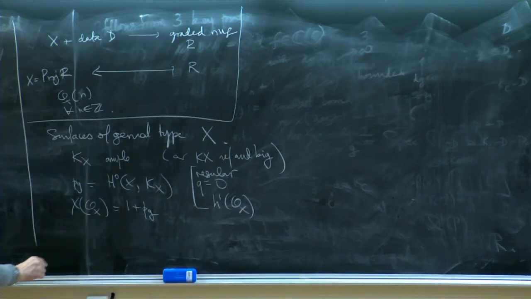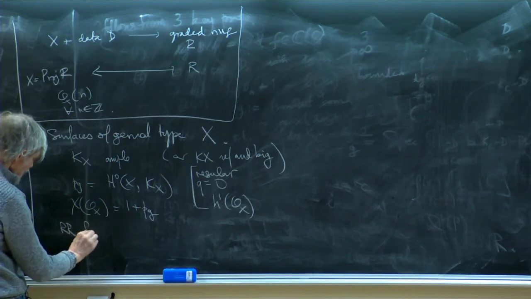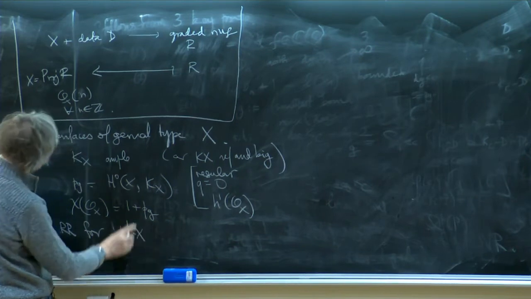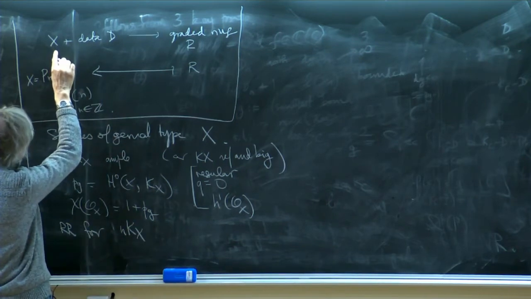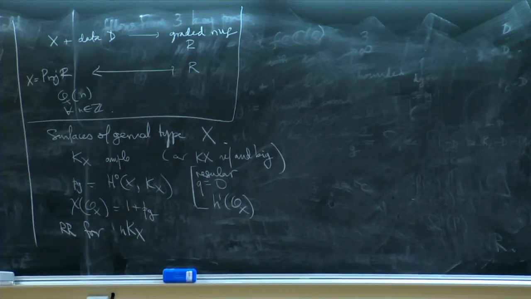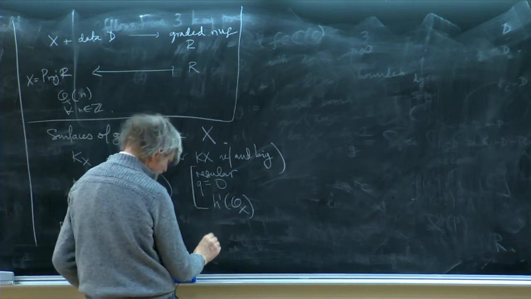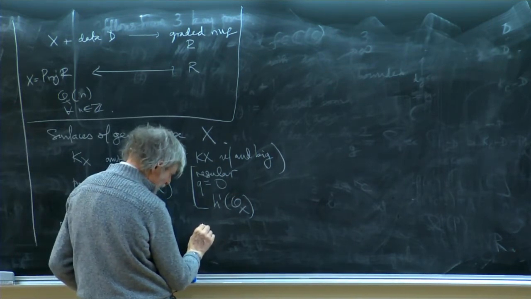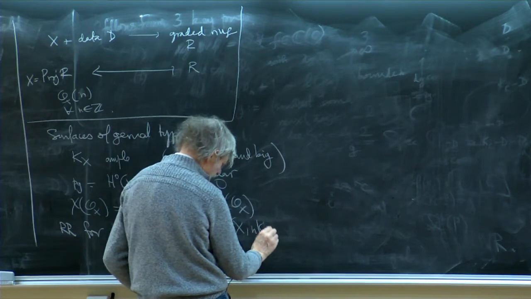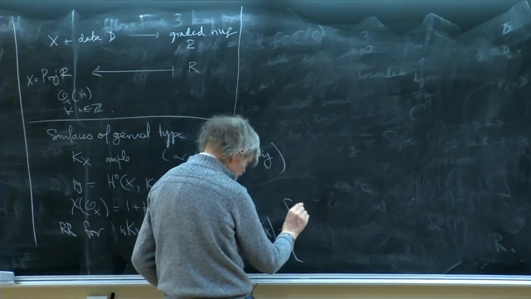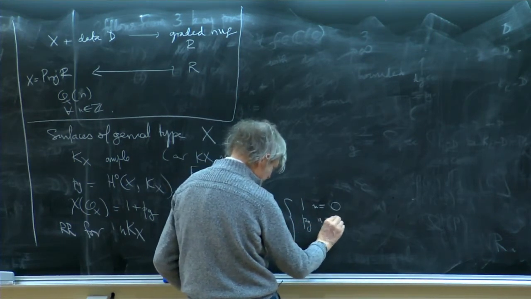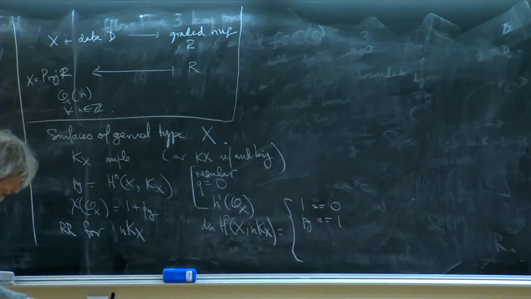Right, and I want to look at Riemann-Roch for n times Kx. So this is my usual thing here, X plus some data. The data is Kx, which I'm assuming is ample. Yes? And so Riemann-Roch for Kx says that the dimension of H0 of X, n Kx is equal to 1 if n is 0, pg if n is 1, that's just the definition of pg, right?